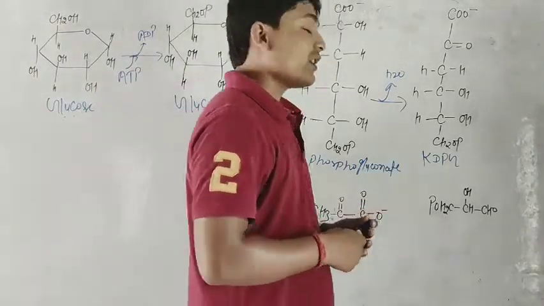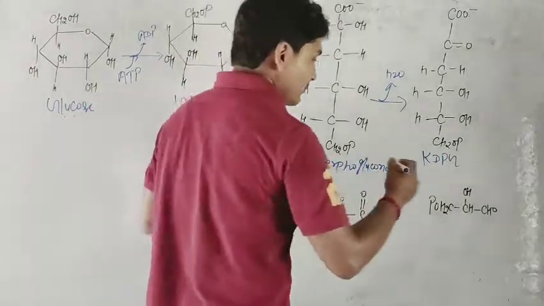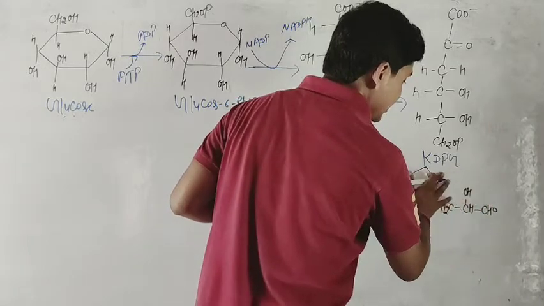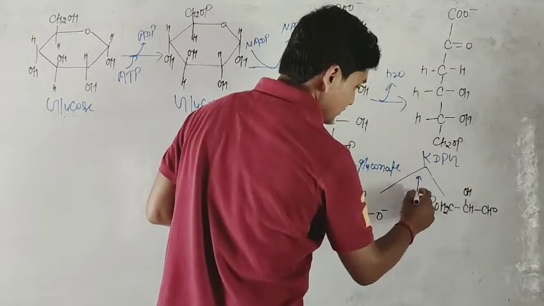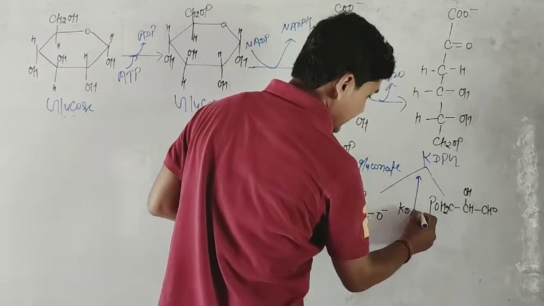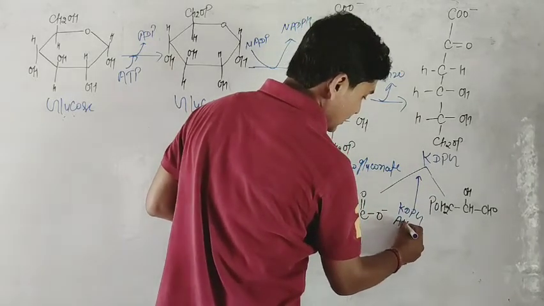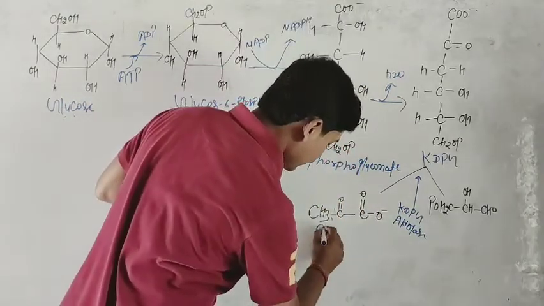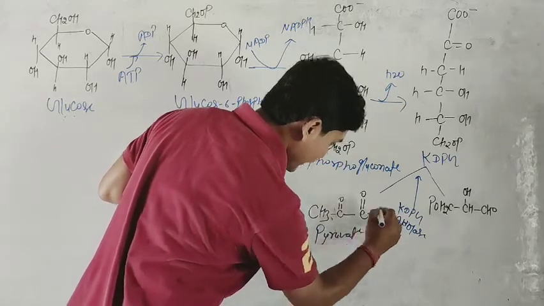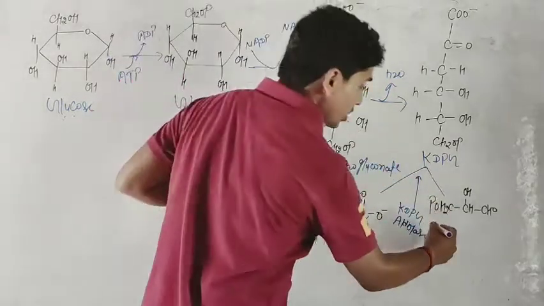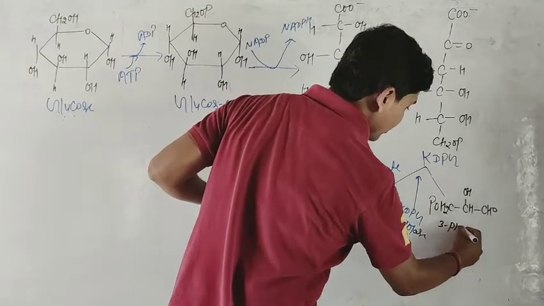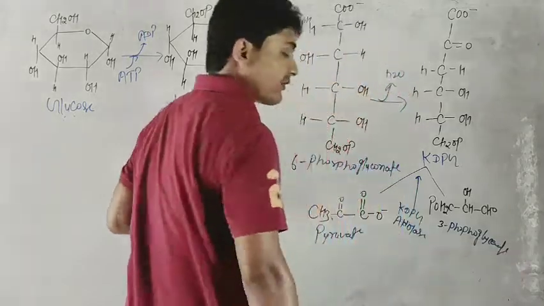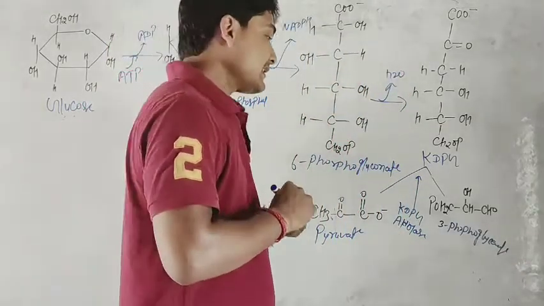So in the presence of KDPG aldolase, it breaks into one molecule of pyruvate and a second molecule of glyceraldehyde 3-phosphate.